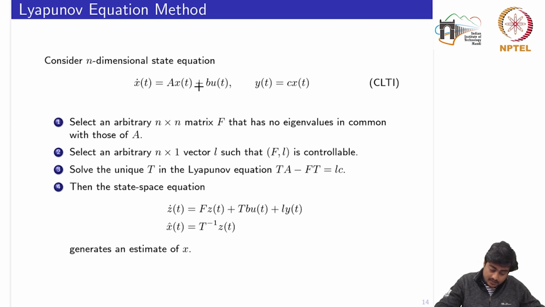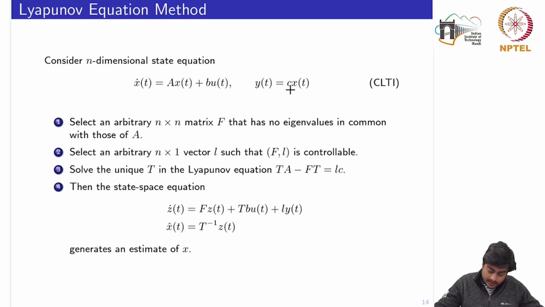So this is one state space system with the state equation and the output equation of the plant. With the Lyapunov equation method, by following these three steps, we can write another state space system for the observer whose internal state is Z and the output is x hat, and this x hat would be equal to x.